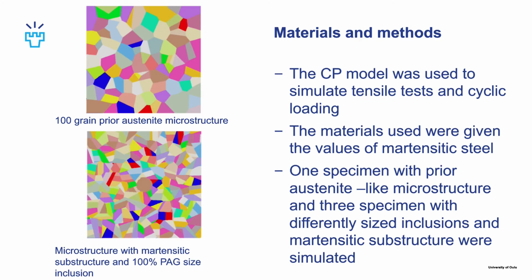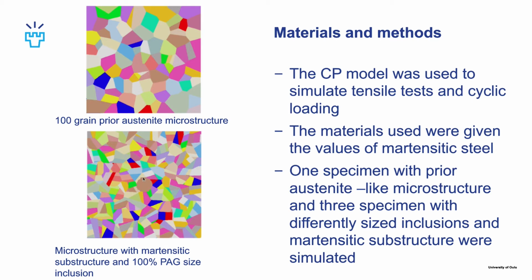And about the materials used in the test, here we can see a 100 grain prior austenite-like microstructure, and below it we can see a microstructure with a martensitic substructure and a round inclusion in the middle.